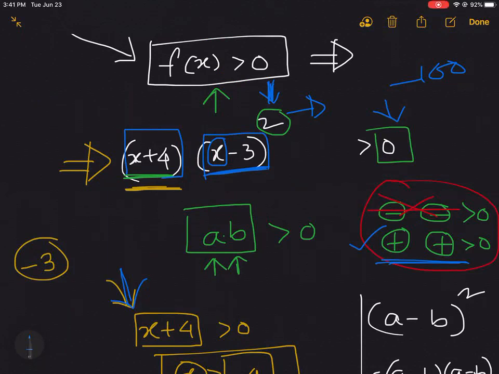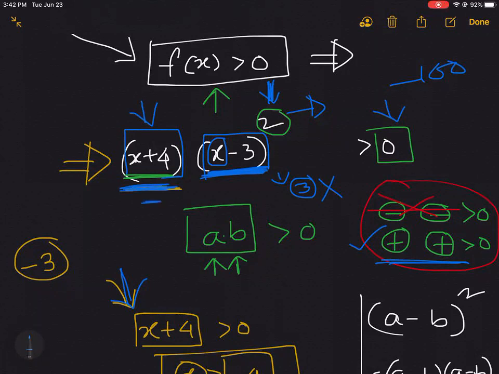Okay, so this is going to be positive for any value of x other than 3, because for 3 it will be 0, we know. So we'll try to exclude that. Other than that, everything will do. But we need to check values for this as well, because we don't want to take any value which will make this negative, because then the entire product will also be negative.